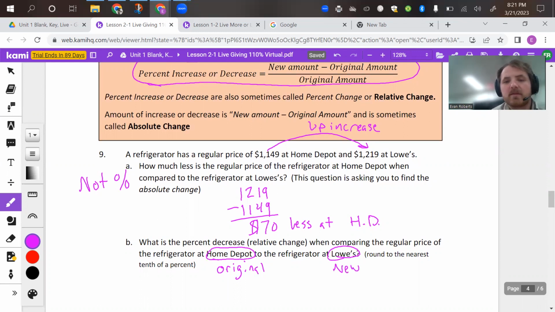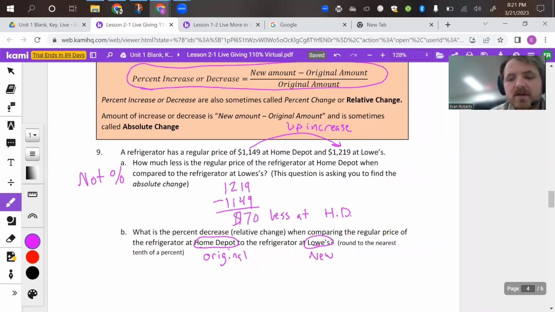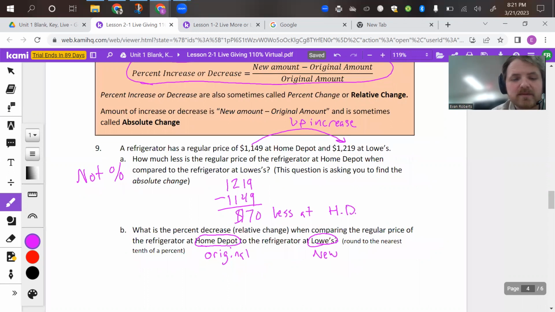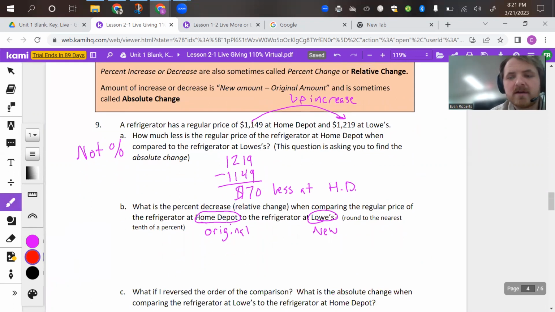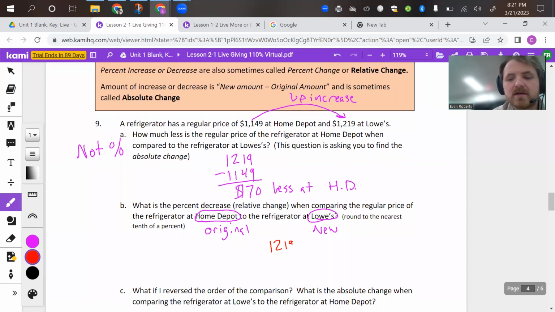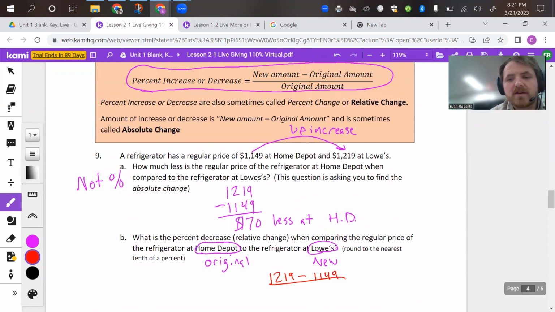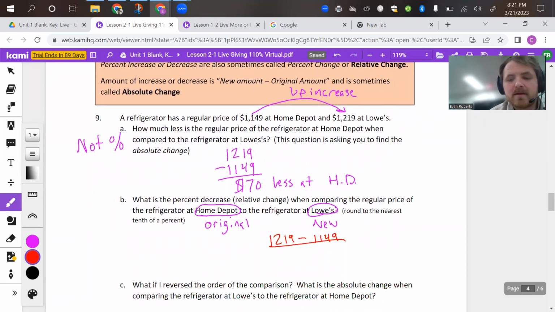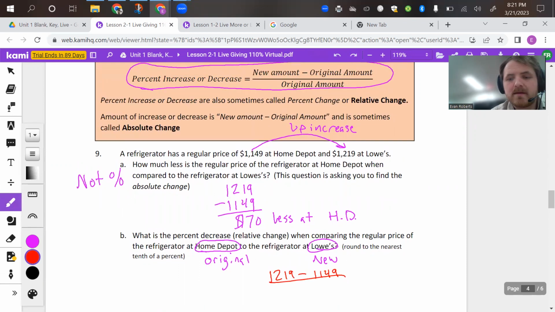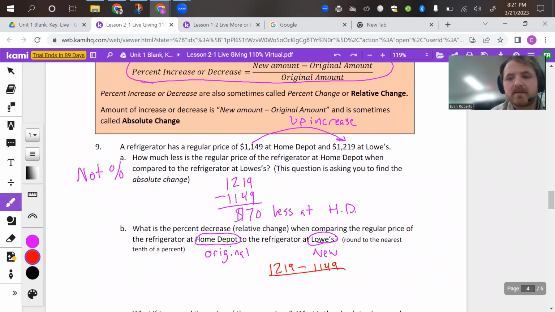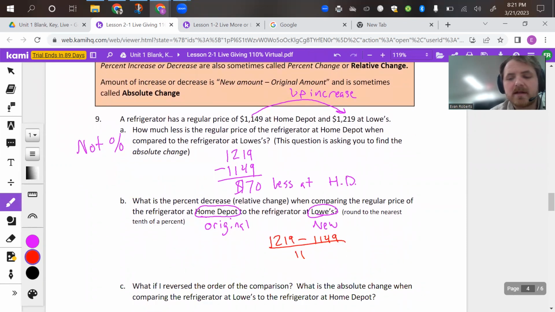So if you're following the formula, we would do the new number, so 1219 minus 1149, which we already did up there. We know that it's 70, all divided by the original, which again is, did I mess that up? Yeah, no, I didn't. 1149.